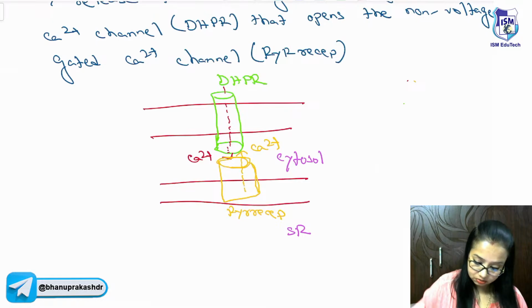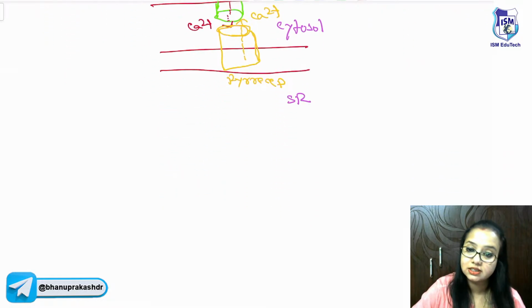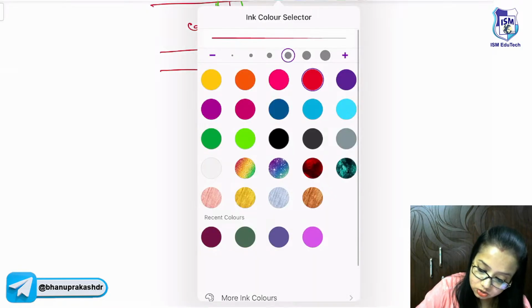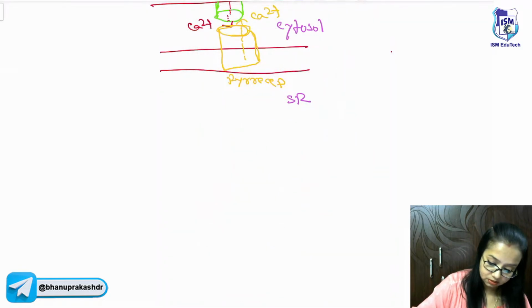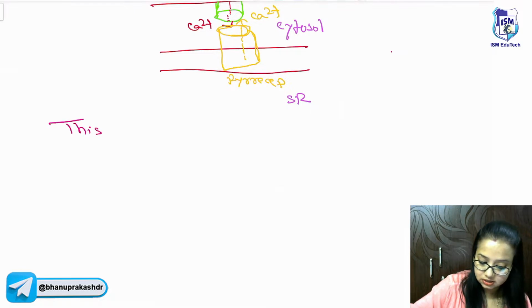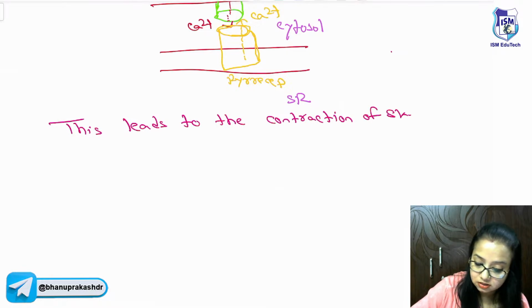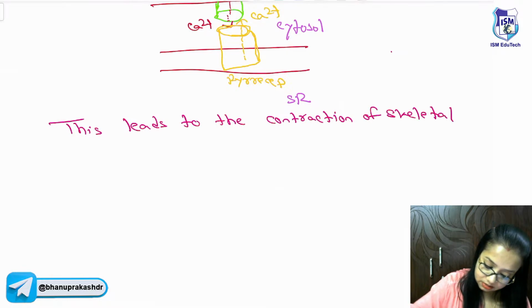Okay, now this is the excitation contraction coupling. This ultimately leads to the contraction of skeletal muscle.